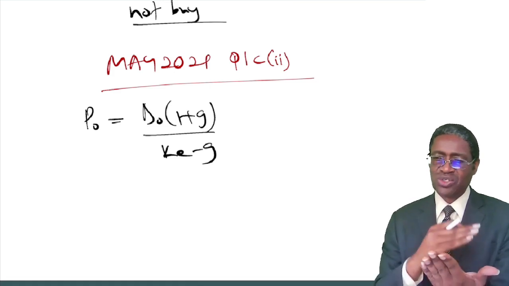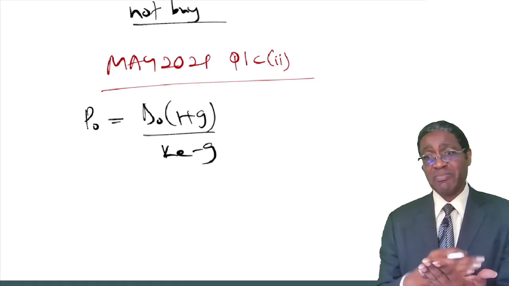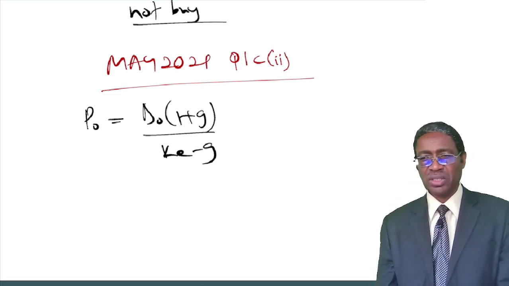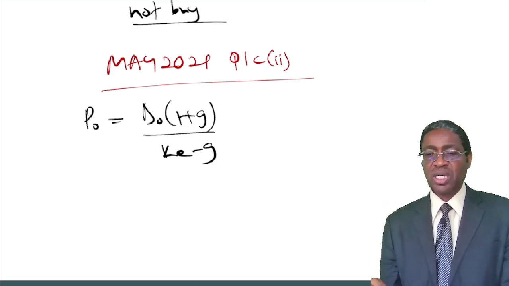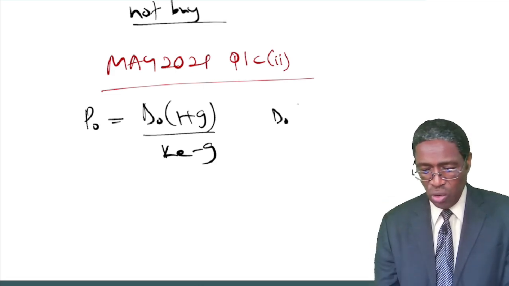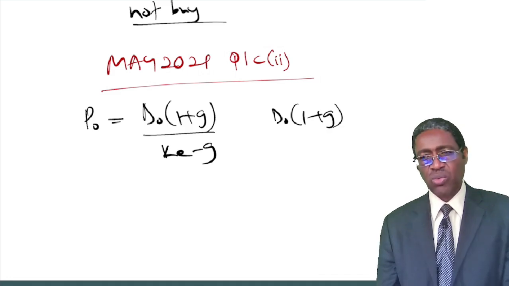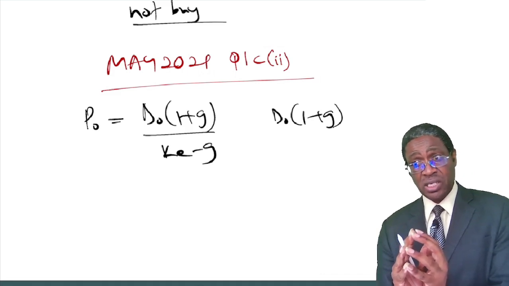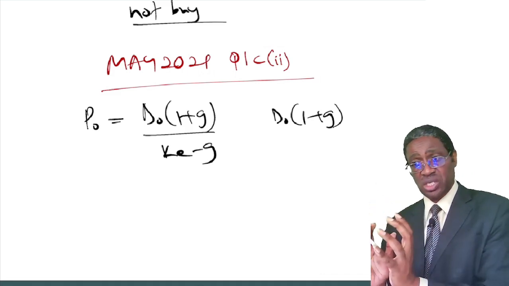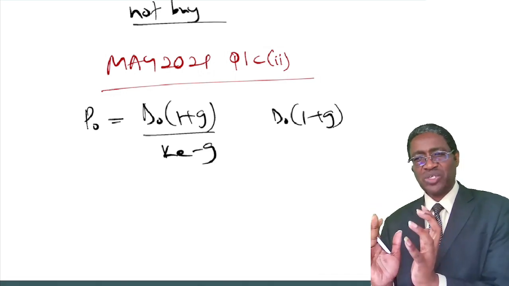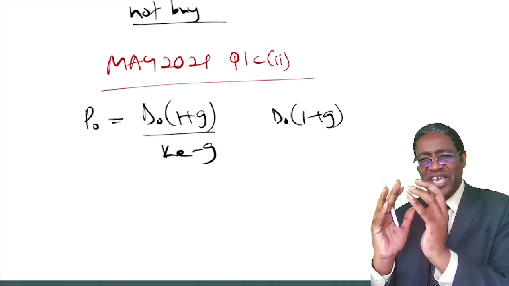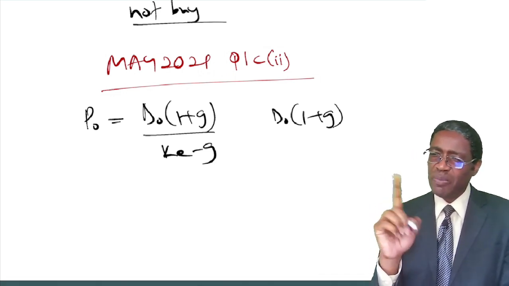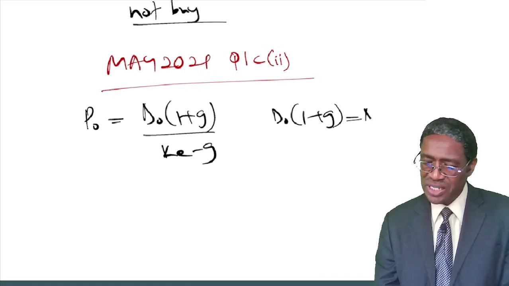This question does not give me the history of the payments, but it gives me the expected dividend 1 year from now. If you take D0 into 1 plus g, what are you getting? D0 being the current dividend, multiplying by 1 plus g gives you the way they expect the dividend to grow. So D0 into 1 plus g ideally represents D1.